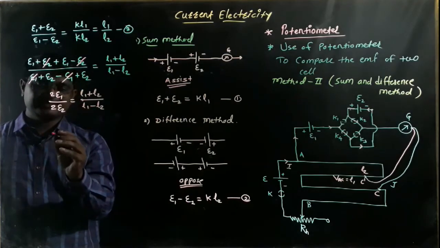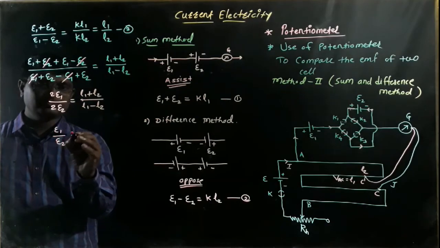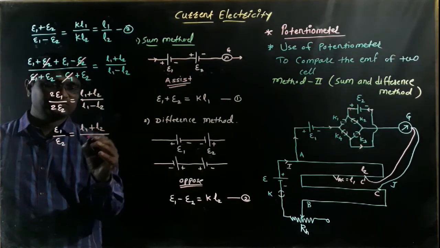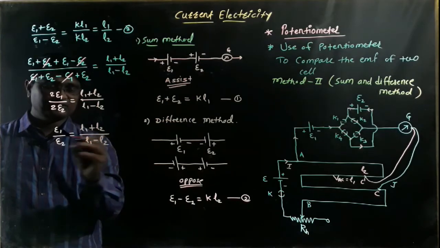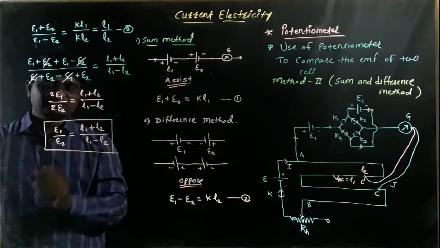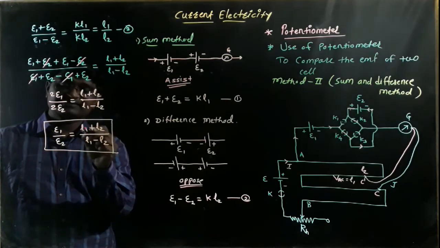So 2 gets cancelled here. So we find epsilon 1 divided by epsilon 2 is equal to L1 plus L2 whole divided by L1 minus L2.